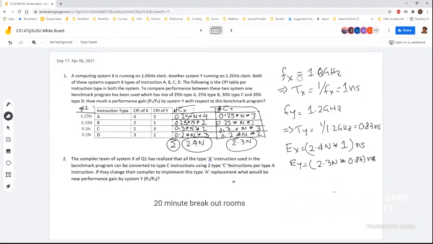That means my performance Y by performance X is execution time X by execution time Y, which is 2.4 N over 2.3 N multiplied by 0.83. This N is gone, and if you calculate that, it becomes about 1.257.